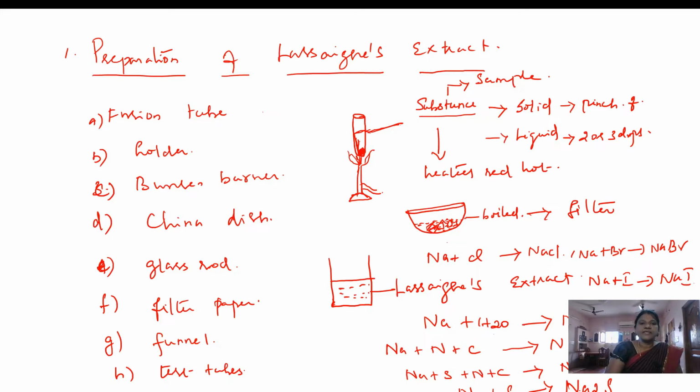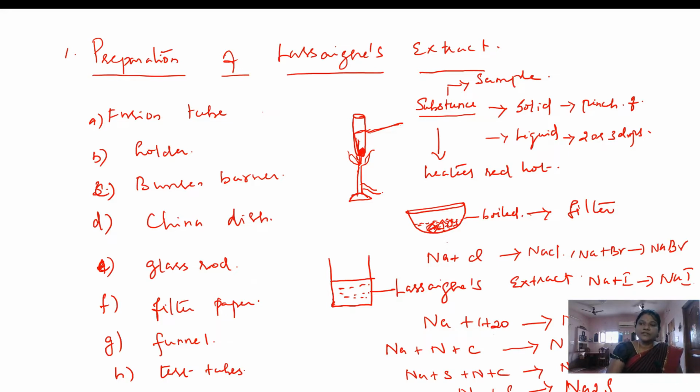Therefore, we need a systematic analysis. In the systematic analysis, first we are going to find out the elements present in a given organic compound. Usually, organic compounds possess carbon and hydrogen, but certain organic compounds, like carbon tetrachloride, have no hydrogen atom in their structure. These are exceptional cases. Most organic compounds possess carbon and hydrogen in their structure.